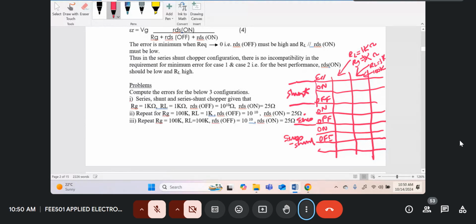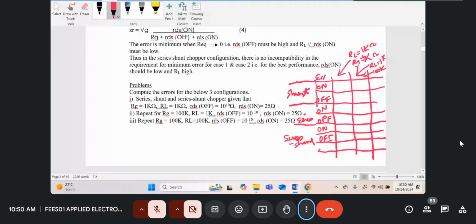Okay, and then the third column will be for RL is 100K and RG is 100K.